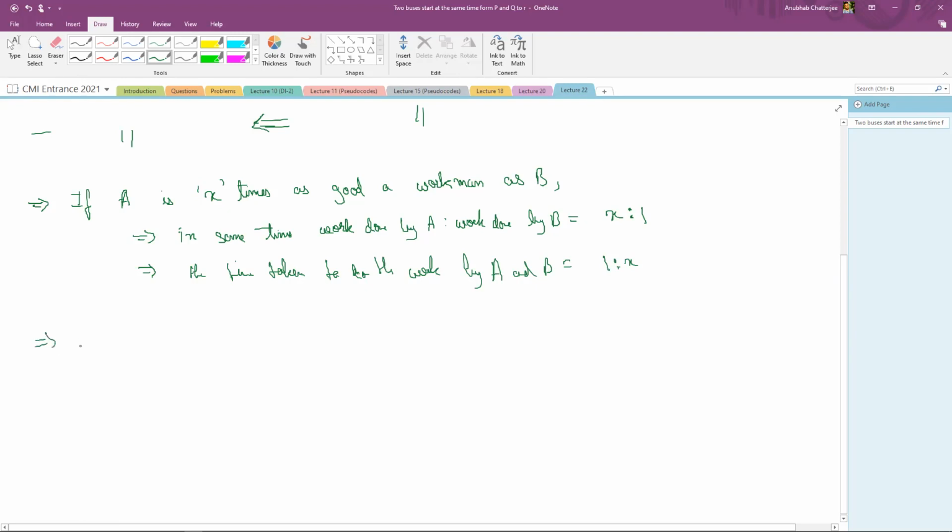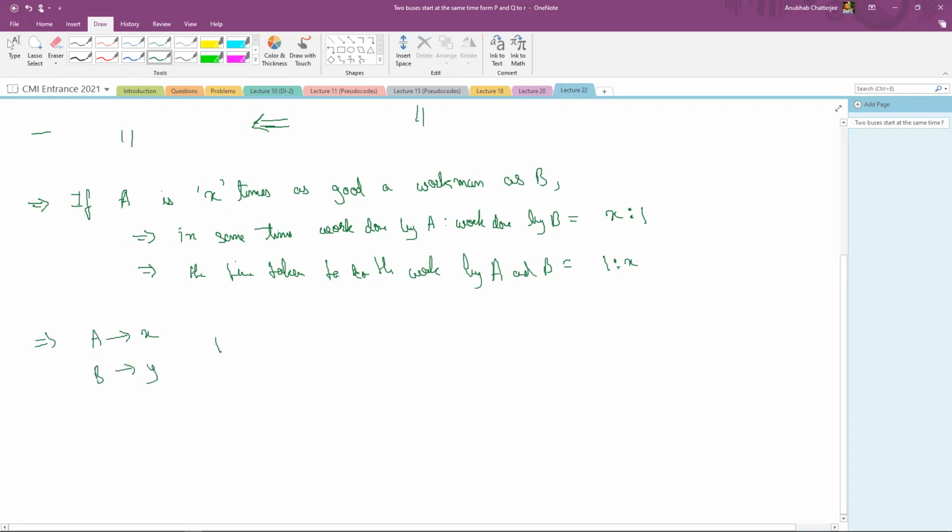Next point: combined work. What if two or more people are doing the same work together? How would you calculate that? Let's say A can finish a work in X days or hours, and B can finish it in Y days.